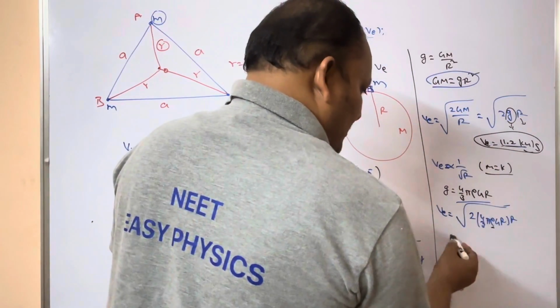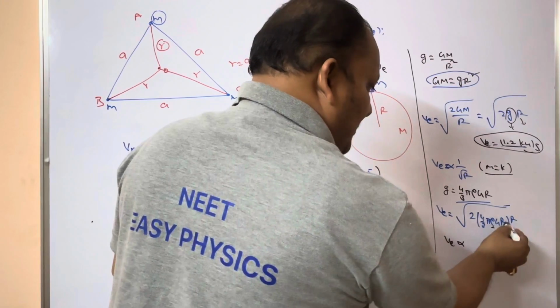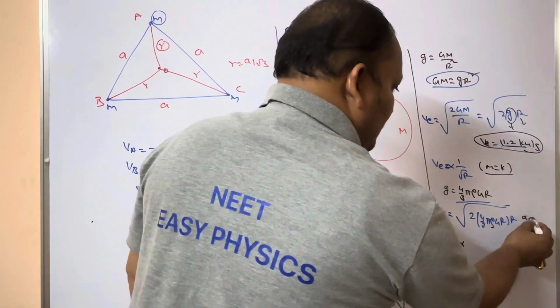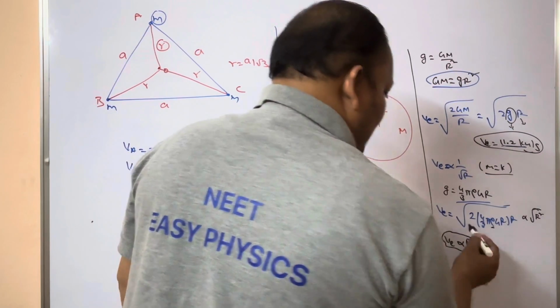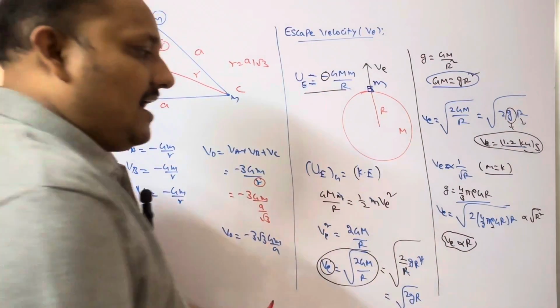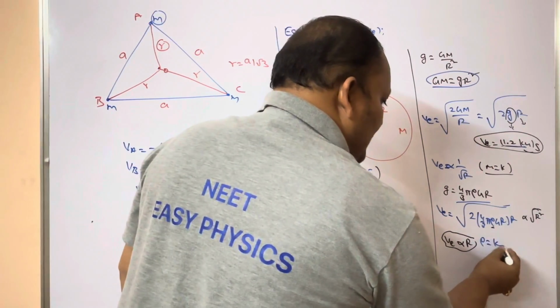Then, if density is constant, escape velocity is directly proportional to root R square, so escape velocity is directly proportional to R if density is constant.